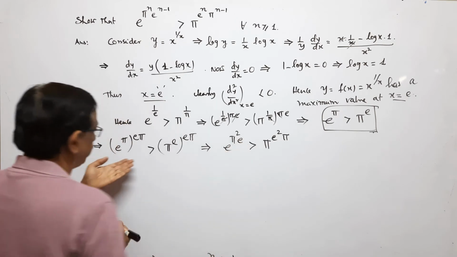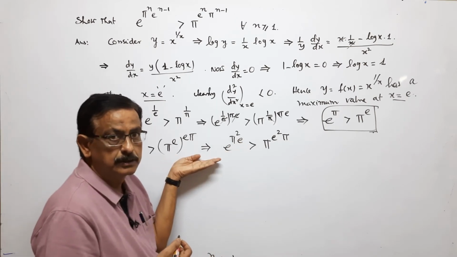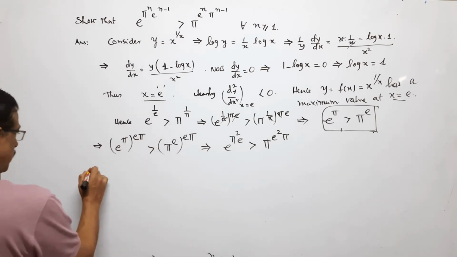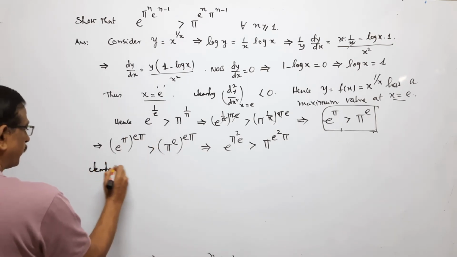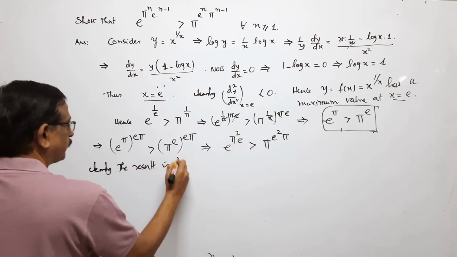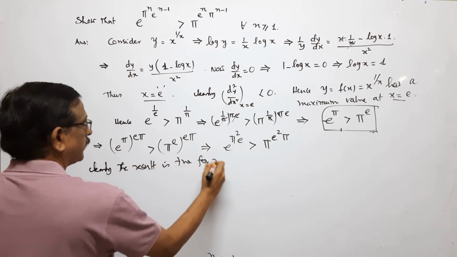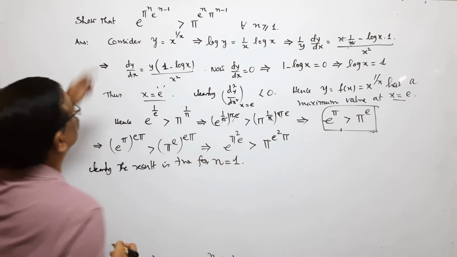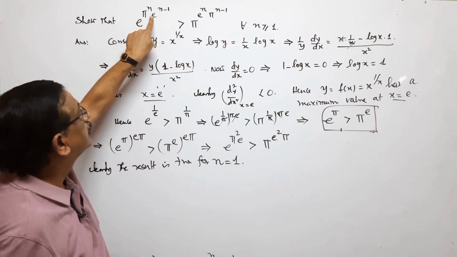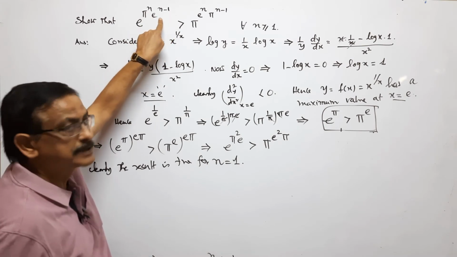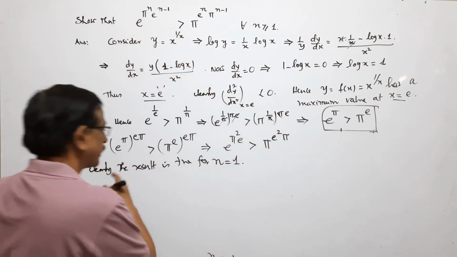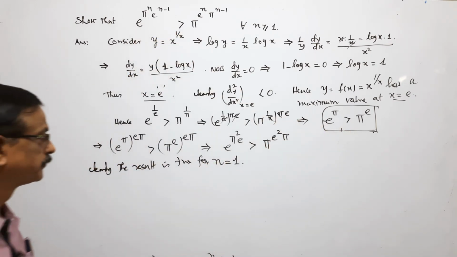So I have shown it for n equal to 2. Clearly the result is true for n equal to 1, because if I put n equal to 1, e power 1 minus 1 is e power 0, which is 1, so e power pi is bigger than pi power e. So the result is true for n equal to 1.